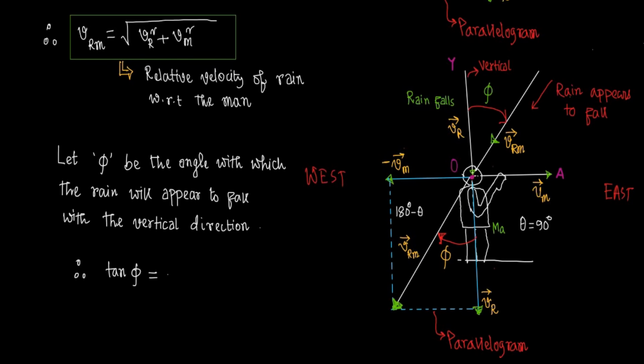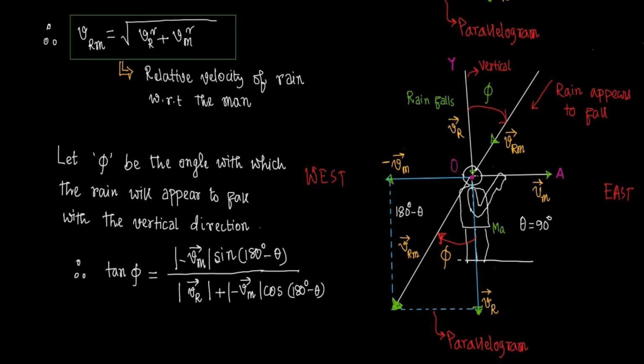That means phi is the angle subtended by vector VRM with the vertical direction. Therefore, tan phi is equal to mod of minus vector Vm sine of 180 degree minus theta, divided by mod vector Vr plus mod of minus vector Vm cos of 180 degree minus theta.